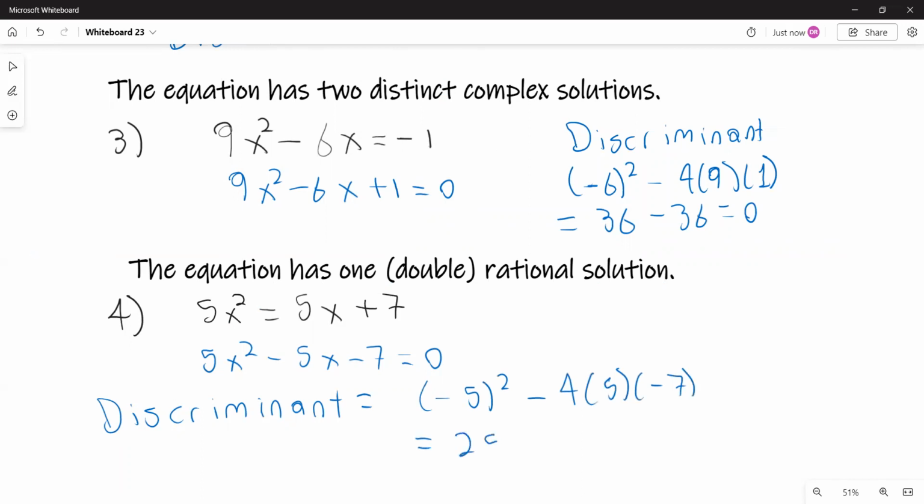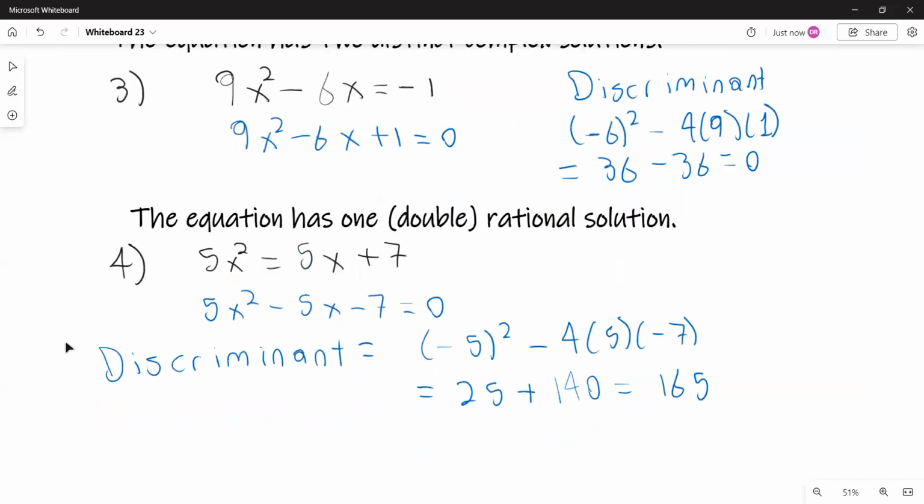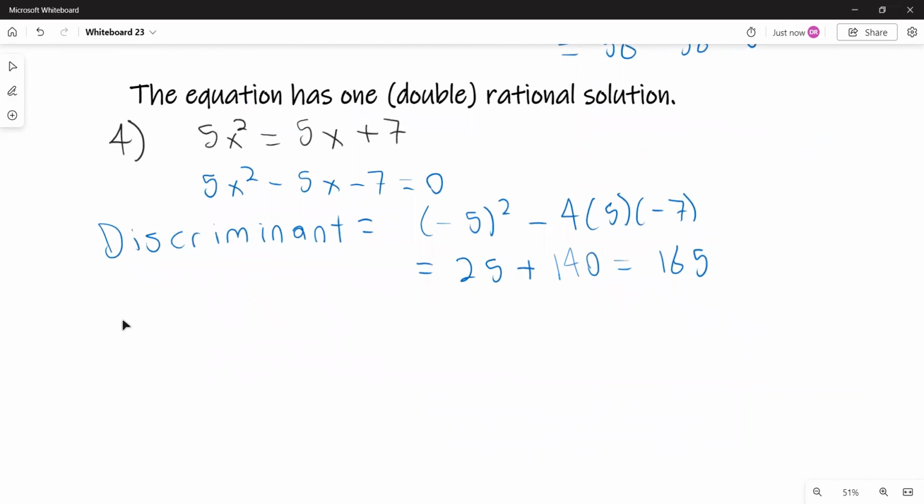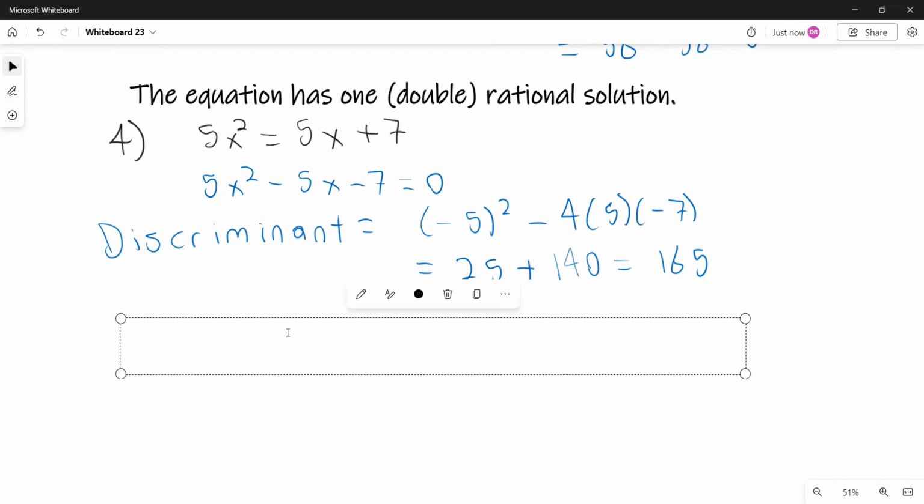So that is 25. And then minus times minus is plus. 4 times 5 is 20. 20 times 7 is 140. Now, since 165 is not a perfect square, the equation has 2 distinct irrational solutions.